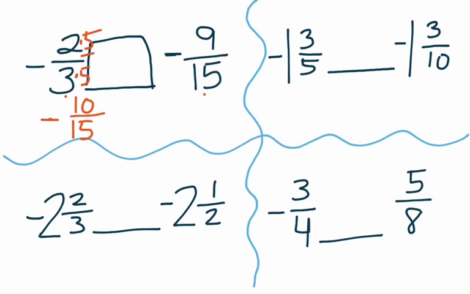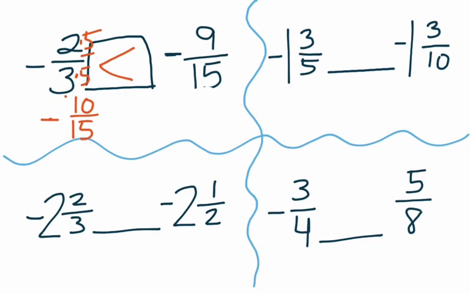So if I want to put the greater than symbol here because 10/15 is greater than 9/15, negatives just tell us to flip that around. It's the opposite, okay? In negatives, negative 10/15 is less than negative 9/15. And this opposite, that only works when they're both negatives, but it is a nice little trick when trying to compare two negative fractions.